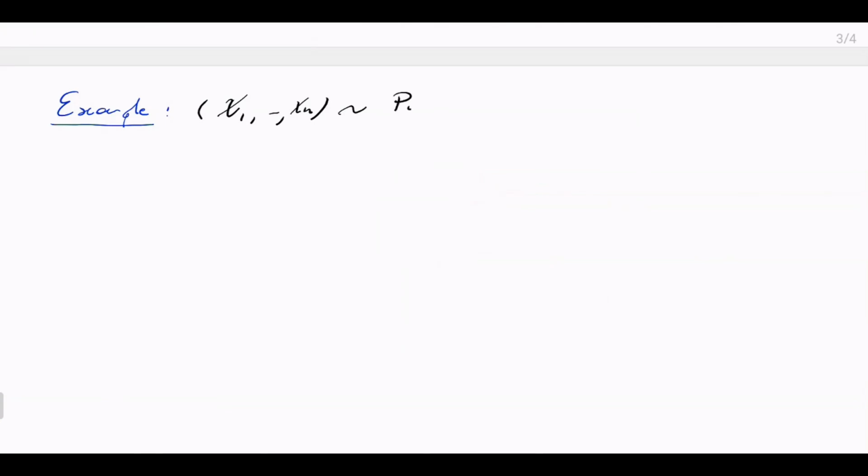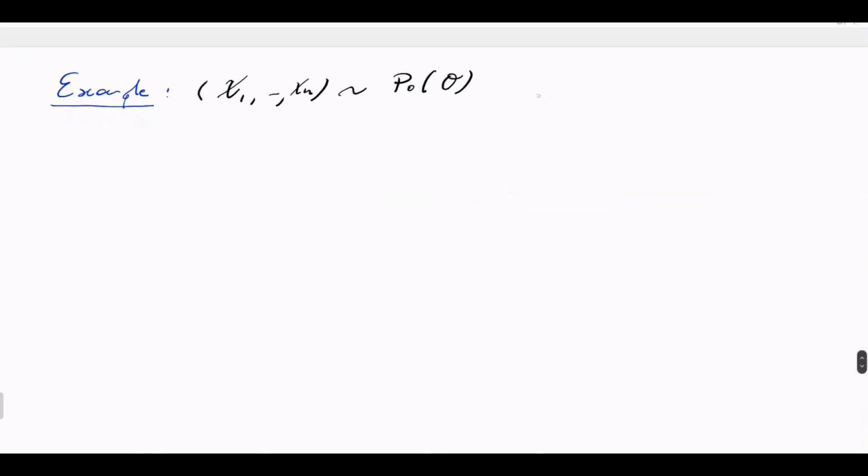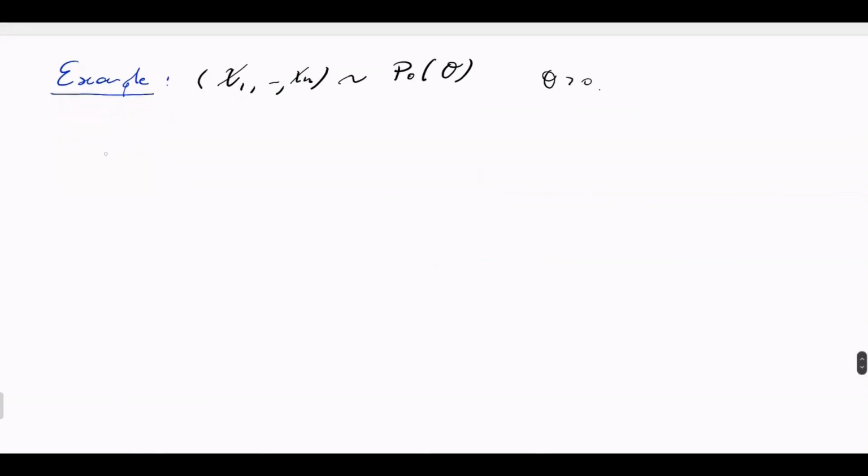I like to write it this way: Poisson of theta, the distribution that generated the process. This is the way you should formulate it, obviously with theta non-negative.